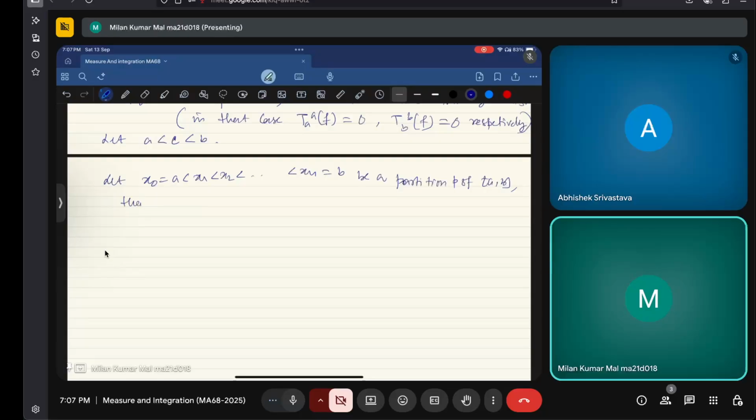Then there is an i_0 from 1 to n such that c lies between x_{i_0} less than or equal to c less than or equal to x_{i_0+1}.